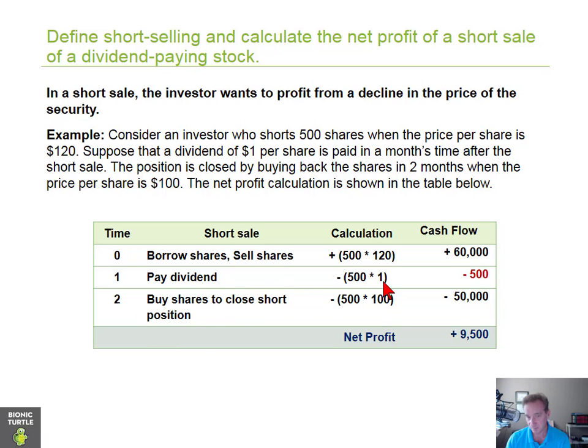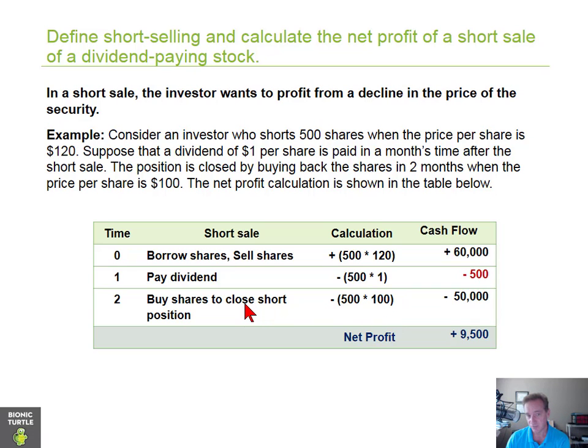And this, I think, can be the counterintuitive part. That's $500 in dividend. The short seller, who after all has borrowed to sell the shares, is not going to collect that dividend. The short seller is going to pay that dividend, pass it along. So in terms of cash flow of the short seller, that's a minus 500. Then in this scenario, it works out for the short seller because the price did drop from 120 to 100.